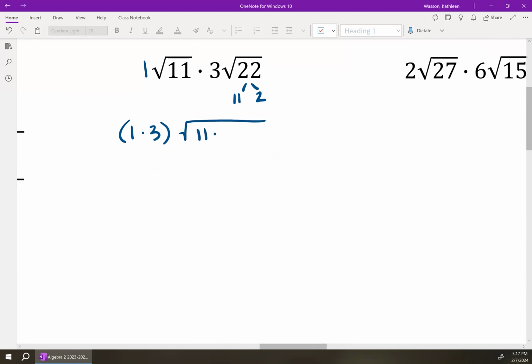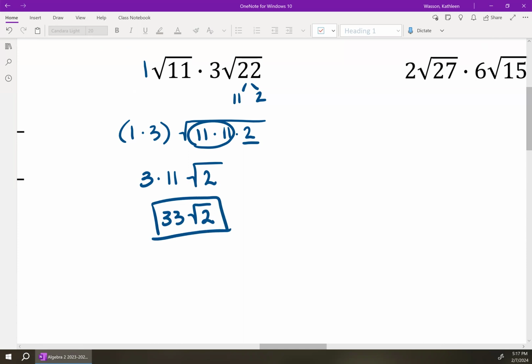Square root 11 times 2. These are both square roots. I have two 11s, so I can pull one out and simplify, and that will leave me square root 2. When I rewrite this, I have 3 times 11, square root 2, which is 33 square root 2.